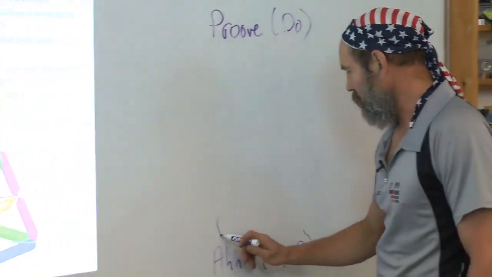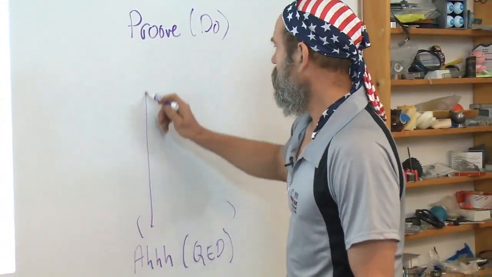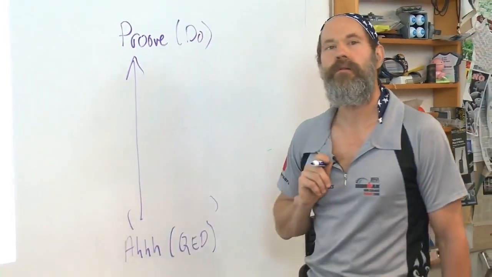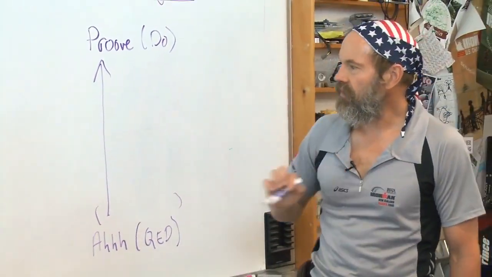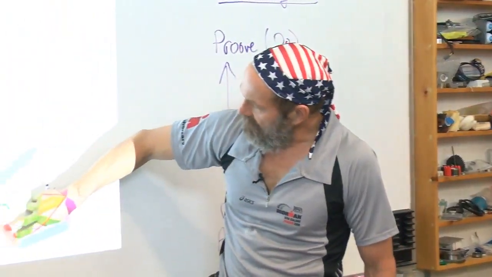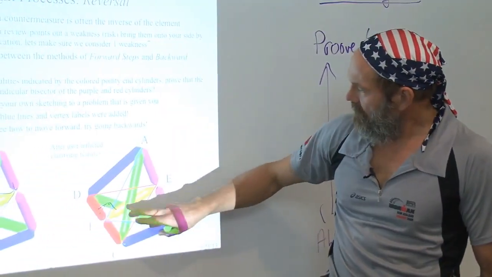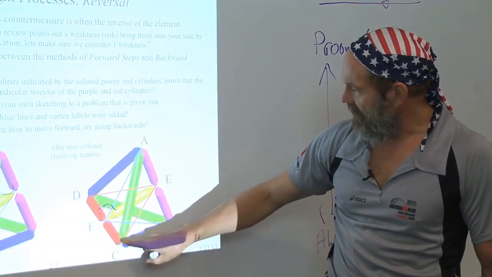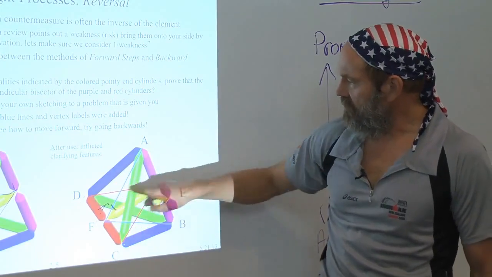So you just start writing and you go back up that way. In other words, I know that these two are equal, and if this is a right angle and that's a right angle, that these two triangles will be similar.